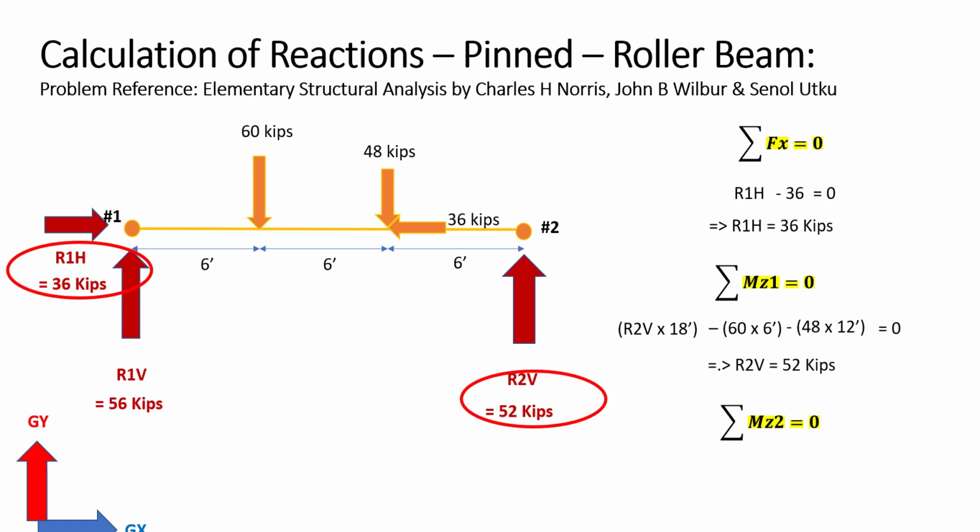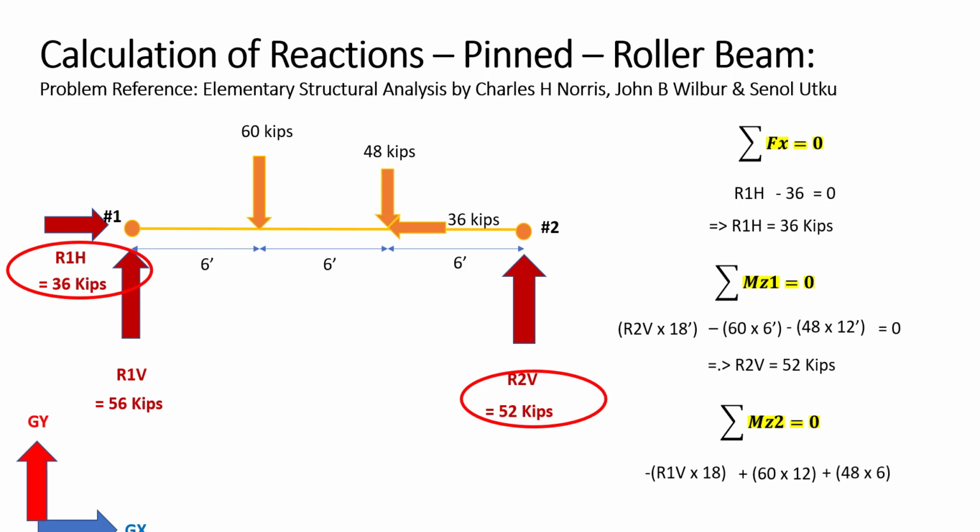So what we first have is R1V, which would create a clockwise moment about node number 2. So minus R1V multiplied by 18, minus because it creates a clockwise moment. And then we have the 60 kip load, which creates an anti-clockwise moment about node number 2. Since 60 kips is situated at a distance of 12 feet from node number 2, the moment would be positive 60 multiplied by 12.